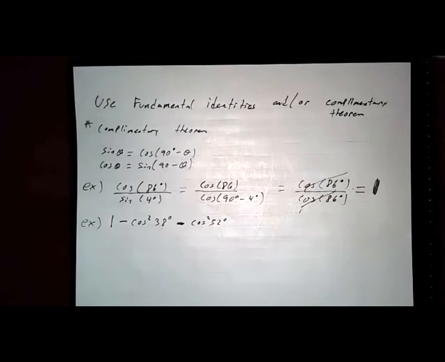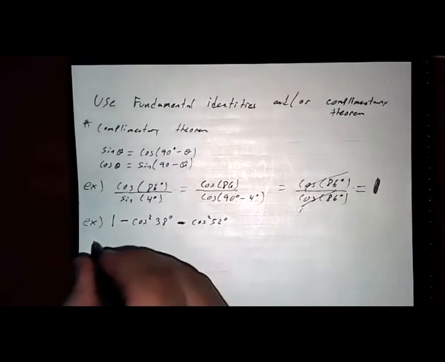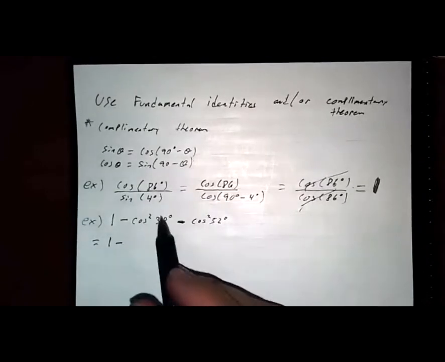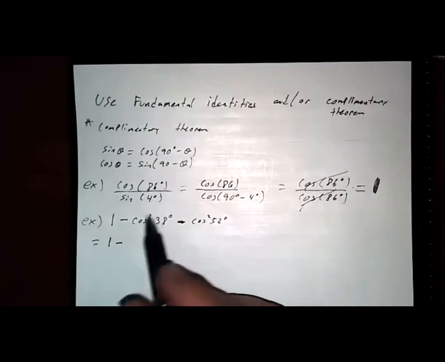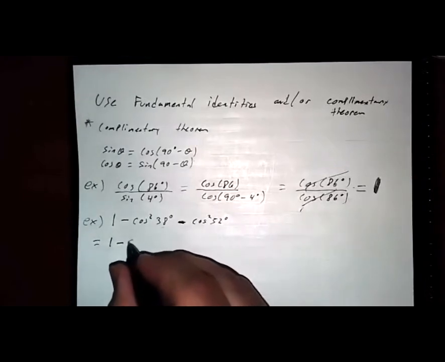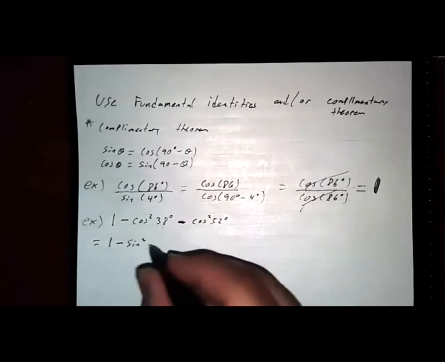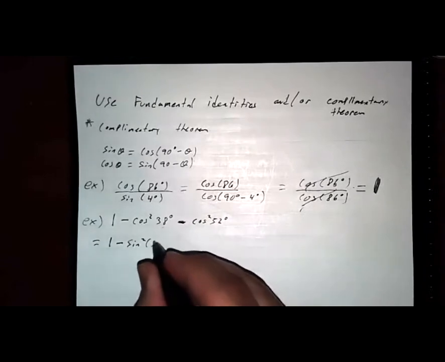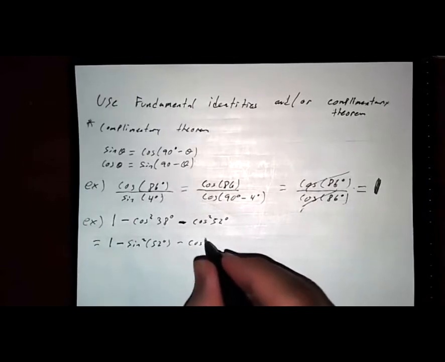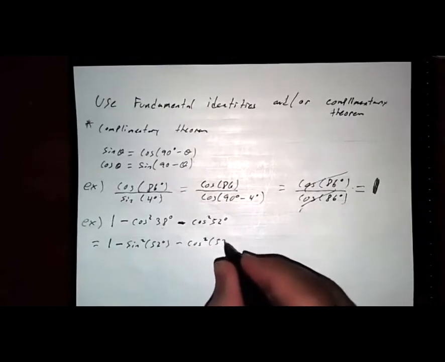So if we shift it to sine or cosine, either way, we may be able to do something that helps us out. So what we can do is change this guy into a sine. So I'm going to change it into sine squared of 52 degrees minus cosine squared of 52.